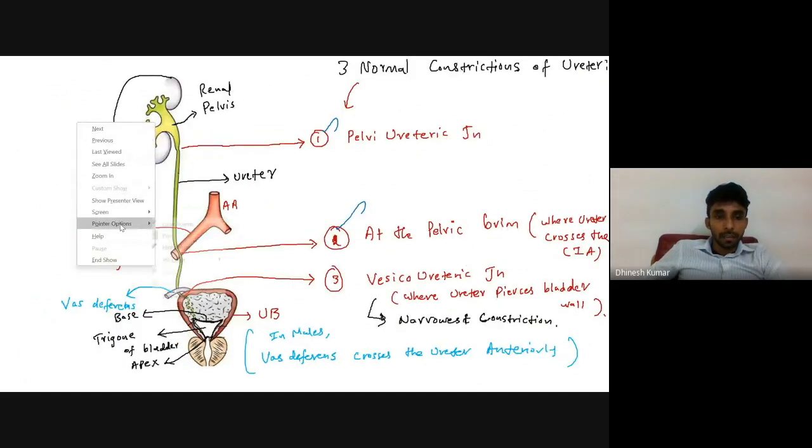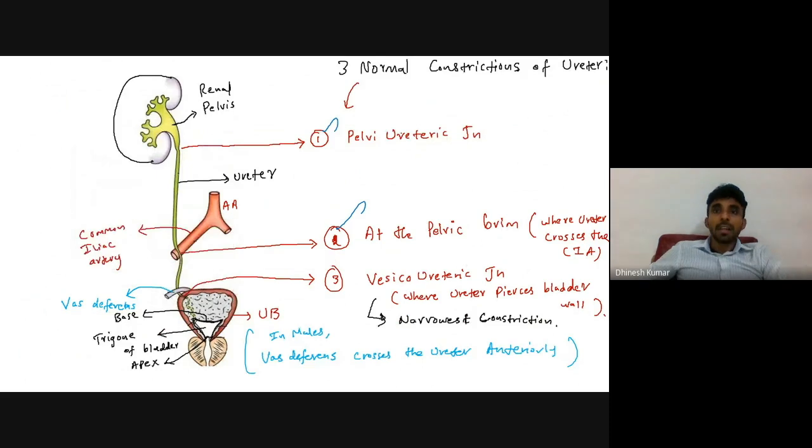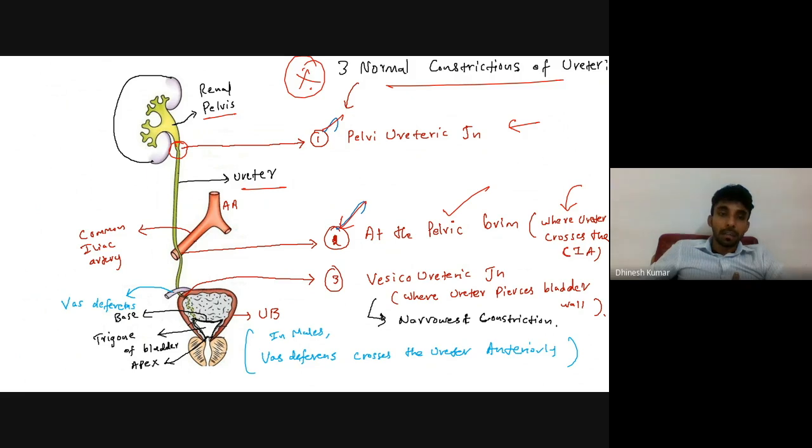Yes, you can see in this slide the three normal constrictions of ureters. What are they? First constriction is called as pelvi-ureteric junction. The first constriction is located at the junction of renal pelvis and ureter. The second constriction is located at the level of pelvic brim, where the ureter crosses the common iliac artery.